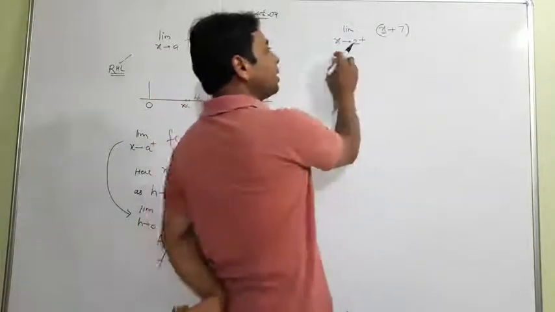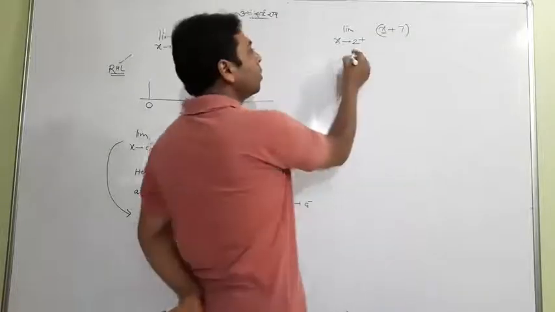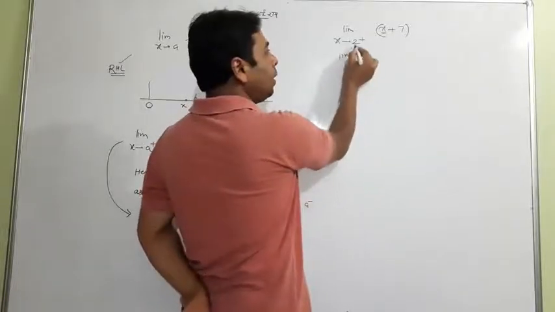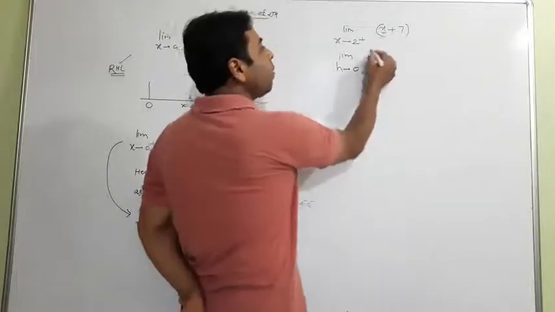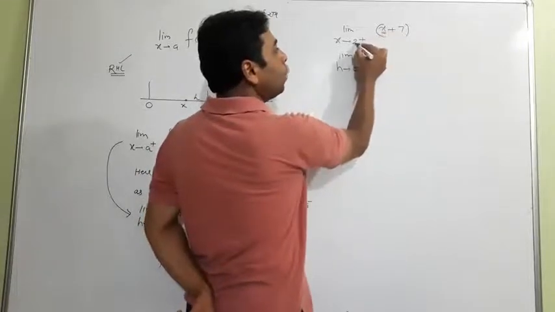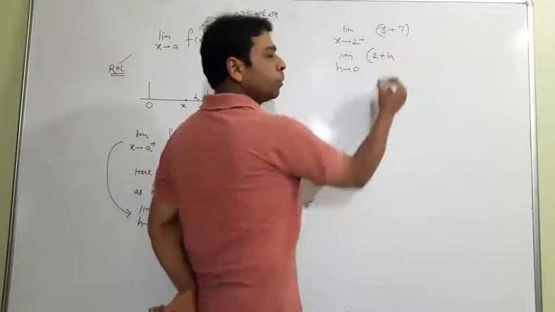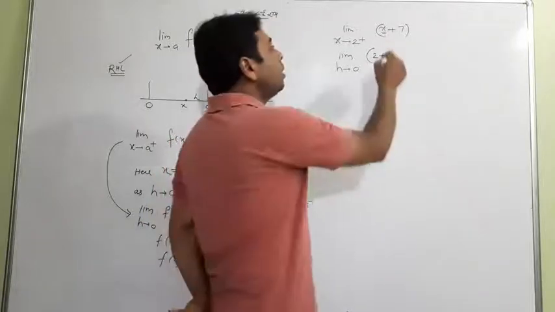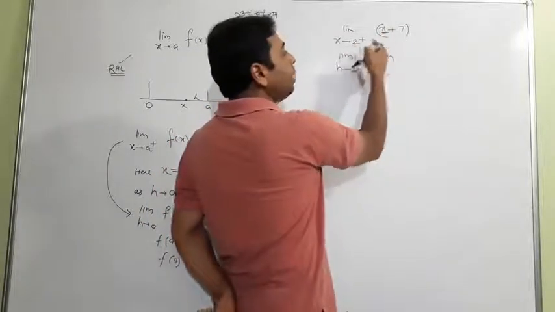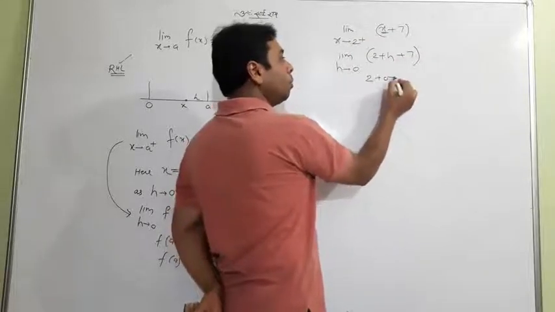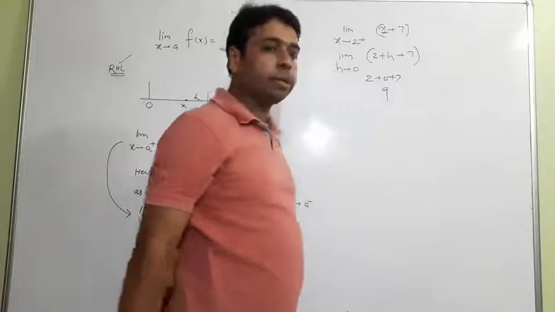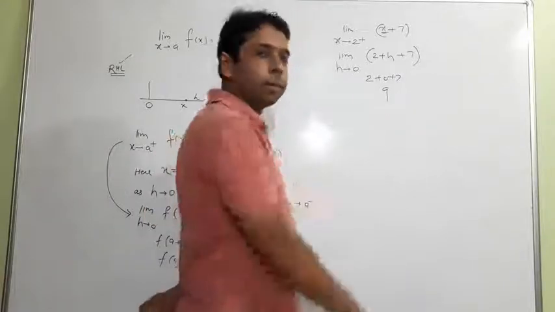Don't assume x is equal to 2 plus h, but always write h tends to 0, and instead of x, write 2 plus h. Shortcut: instead of x, write 2 plus h and plus 7. So your answer is, as h tends to 0, 2 plus 7, answer is 9. You should make a habit of doing this.